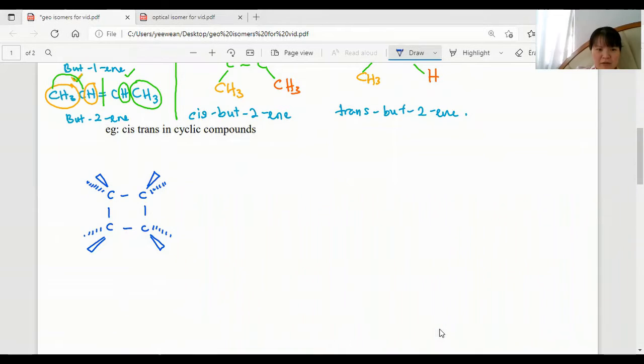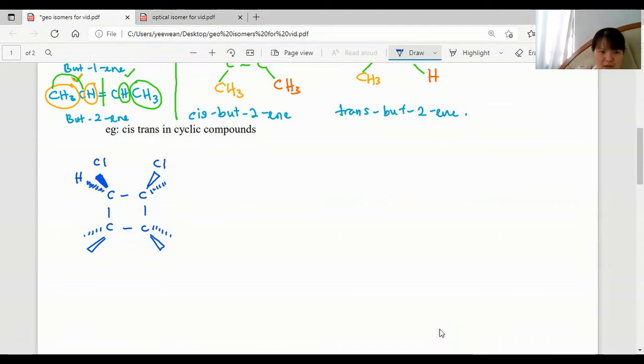Okay, to simplify the view, I'm going to put it flat like this. The wedge here means that it's coming out of the page, and the dots mean that it's going into the page. So all the dots are going into the page and all the wedges are coming out to us. I'm going to put the chloro here.